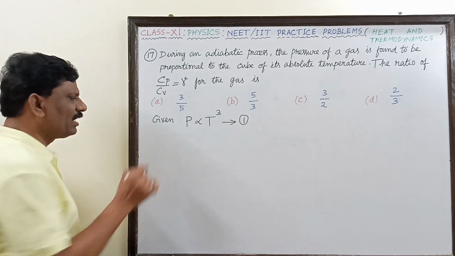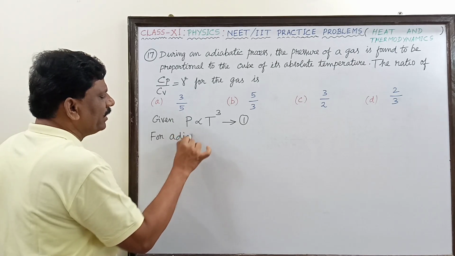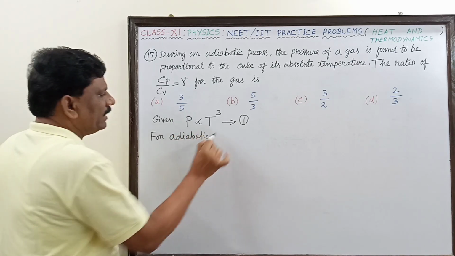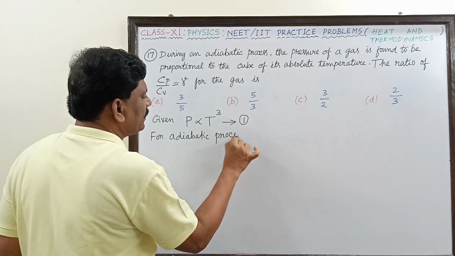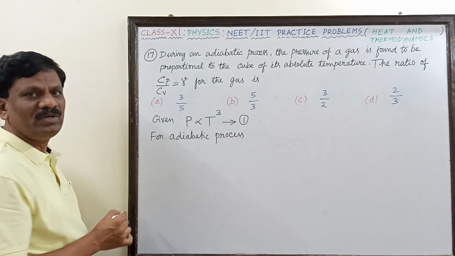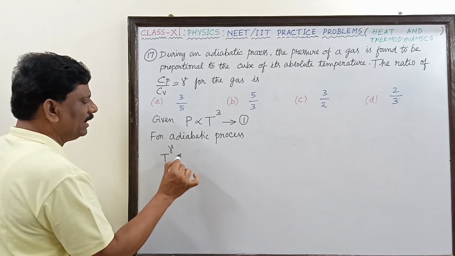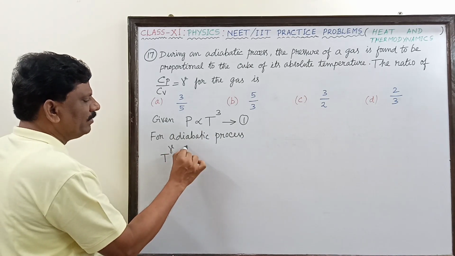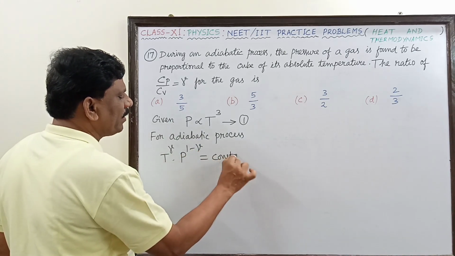But actually for any adiabatic process, there is some relationship between pressure and temperature. So what is the general expression or relationship between pressure and temperature? T power gamma into pressure P power 1 minus gamma is equal to constant.